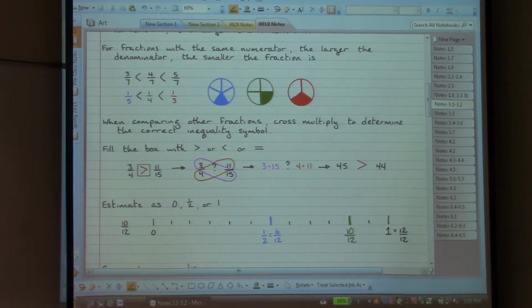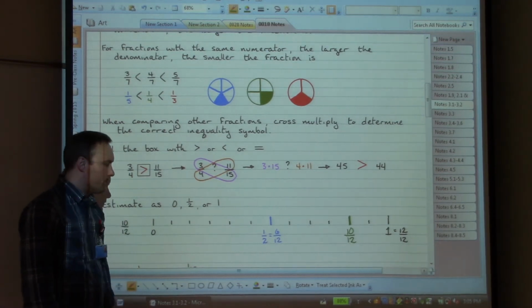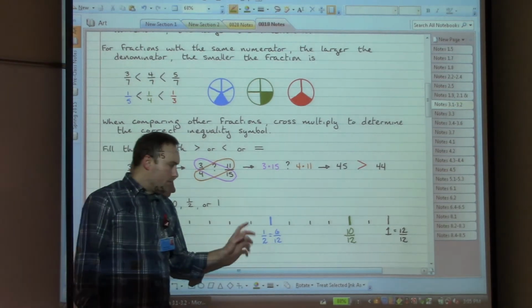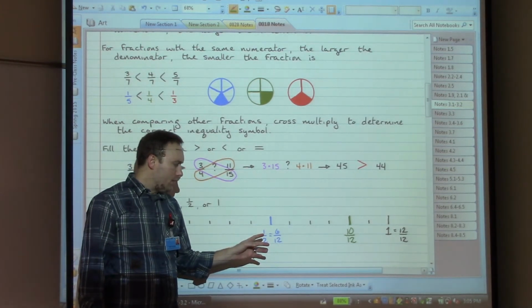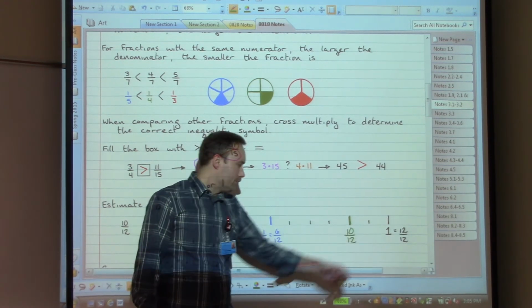Now, just purely based on a visual comparison, that green mark for the fraction 10 over 12 is definitely far away from the 0 mark, which means I've narrowed it down. Is it closer to the 1/2 mark or the 1 whole mark?